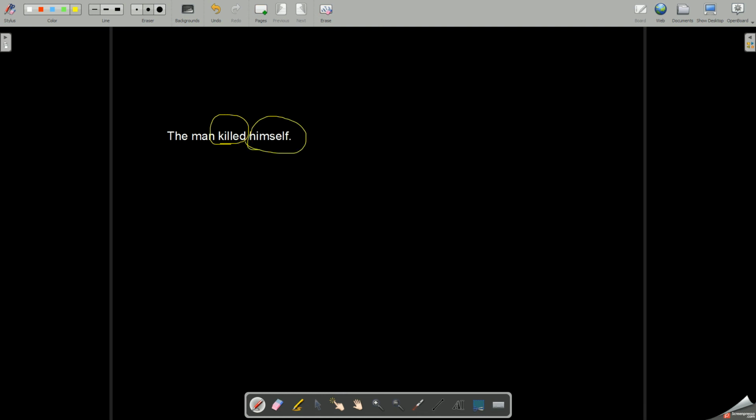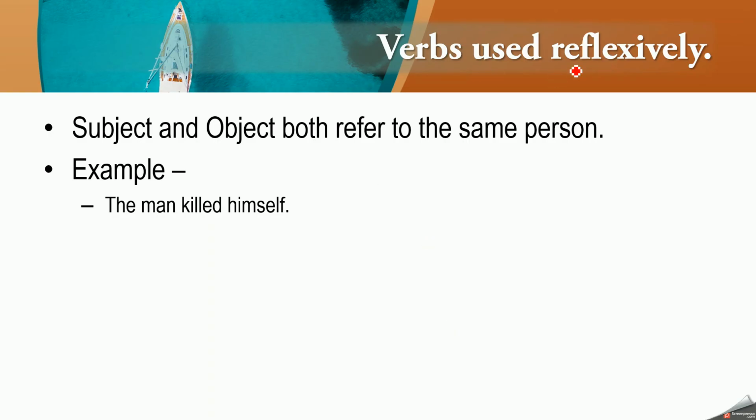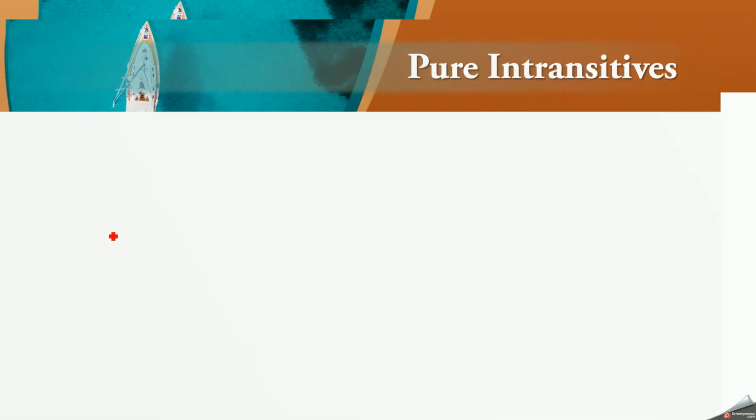Fine, himself can act as an object, but ultimately it refers to the subject only. So the subject and the object are the same in this statement. Hence, these kinds of verbs are used reflexively. I saw myself in the mirror. So I saw myself. It again refers back to the same subject.